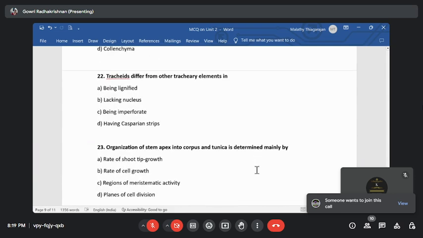Tracheids differ from other tracheary elements in? Option C, ma'am. Being imperforate. That means it cannot be penetrated. It's not very porous.